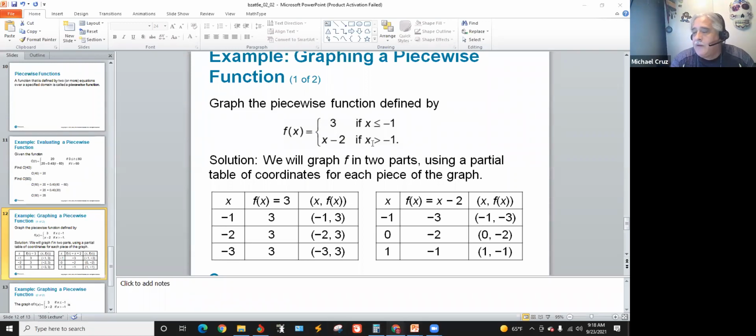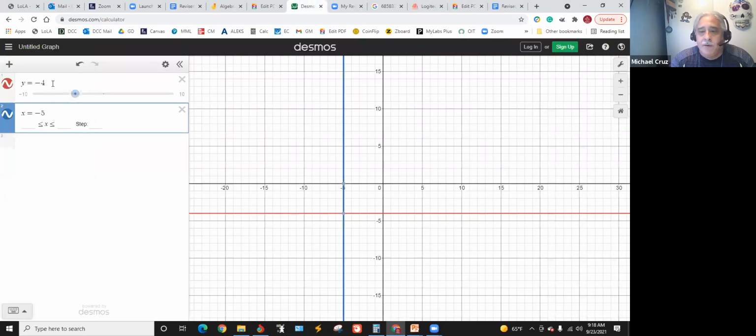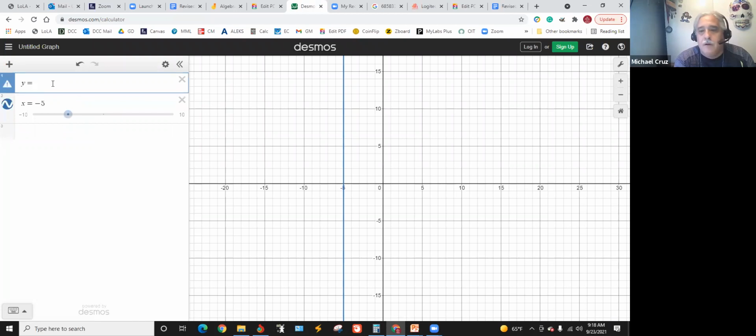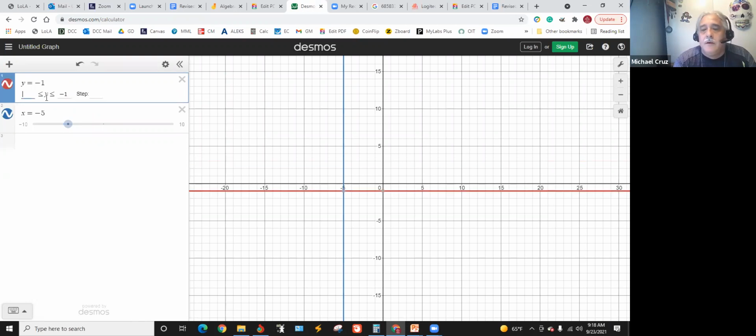All right. And I got a little thing over here I can show you. It's a neat little graphing tool. Let's see, there's a way to do the range here. It said less than or equal to -1.